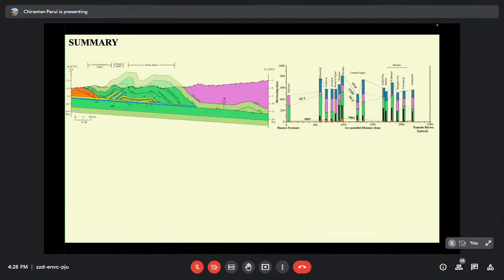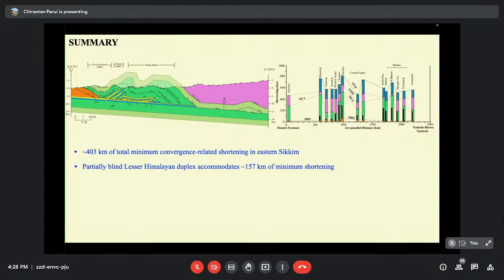Just to summarize what we have talked about so far, based on the construction of a regional transport-parallel balanced cross-section, I have estimated approximately 403 kilometers of total minimum shortening from the eastern Sikkim transect. Although partially blind, the Lesser Himalayan duplex still accommodates a significant amount of shortening, which is 157 kilometers.